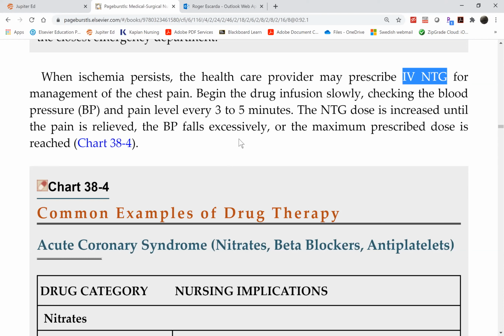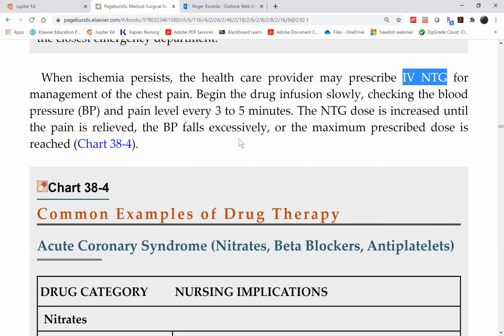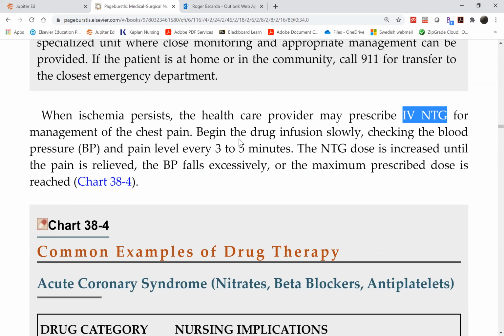Never mind. So let's say your order is IV nitro at 45 micrograms per minute, and then the pharmacist sends you a bag labeled nitroglycerin 25 milligrams in 250 ml of NS.